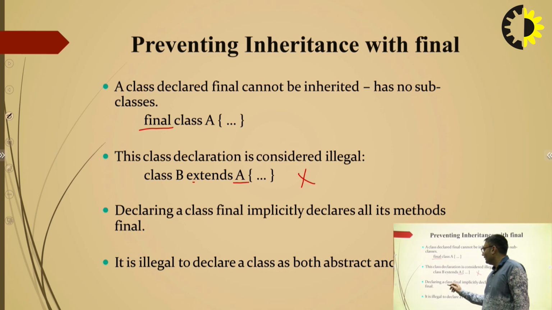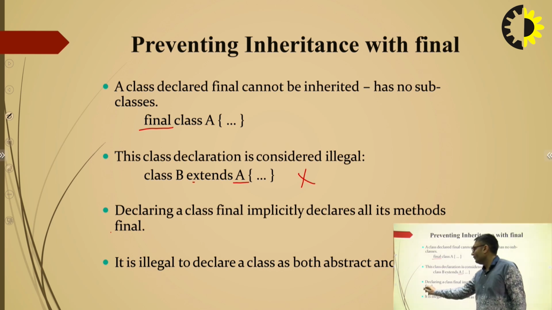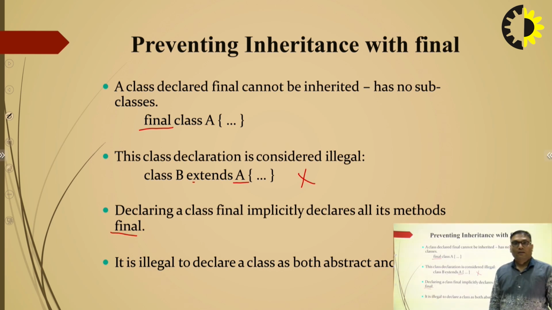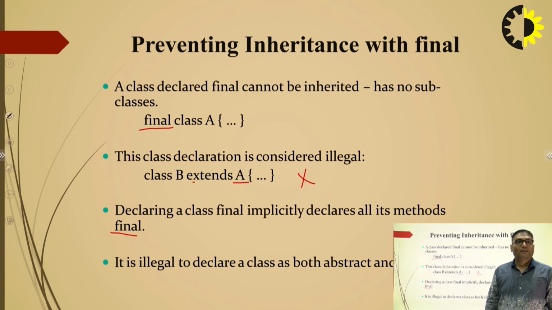So if we declare a class as final, all its methods will be final. But if a class is not final, its methods can be final or not final. If you make a class final, all its methods are treated as final, because it can't be inherited, and that's why its methods will not be used inside a subclass.